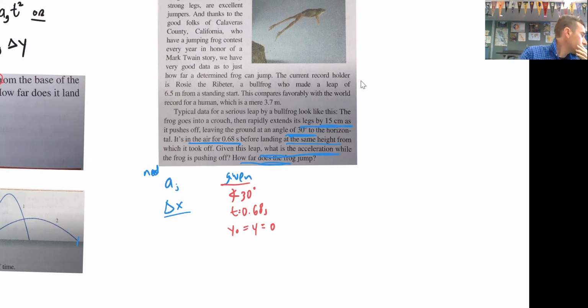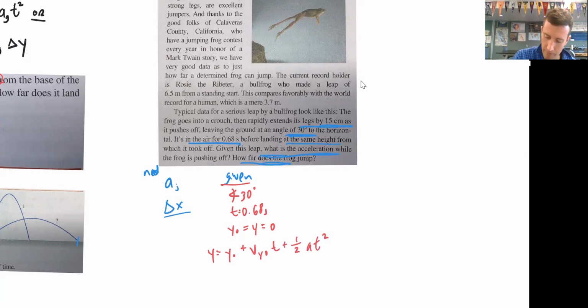Given all that, I'm going to use one of my equations: y equals y sub 0 plus v sub y0 t plus 1/2 a t squared.